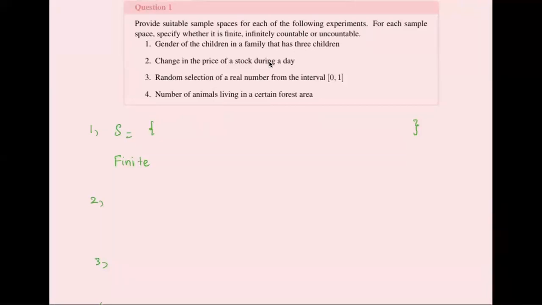Yes, that is for each child, right? And here we have a family that has 3 children. So maybe you want a tuple, right?